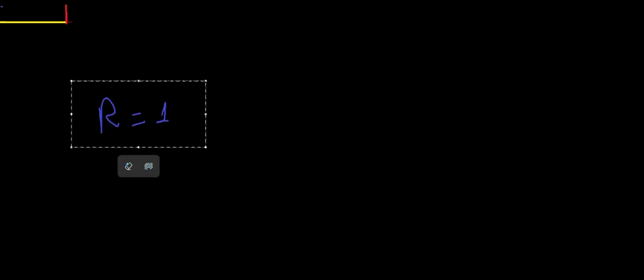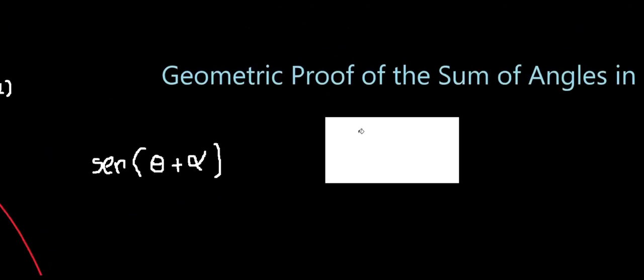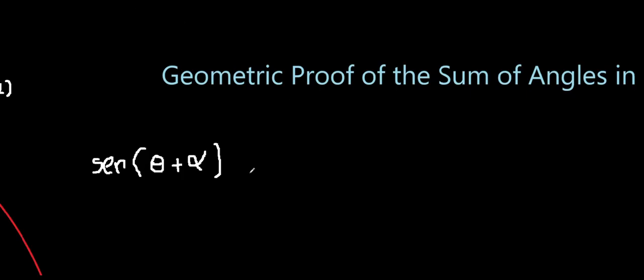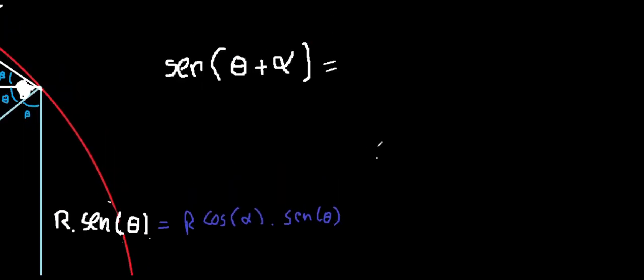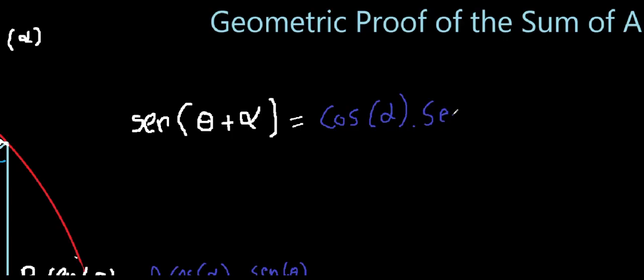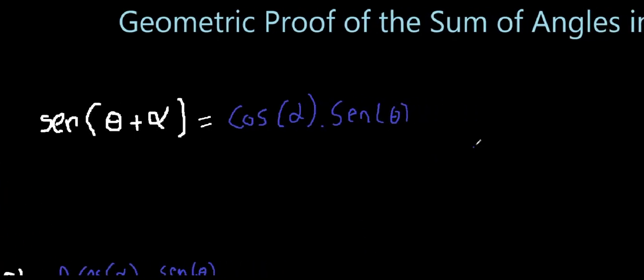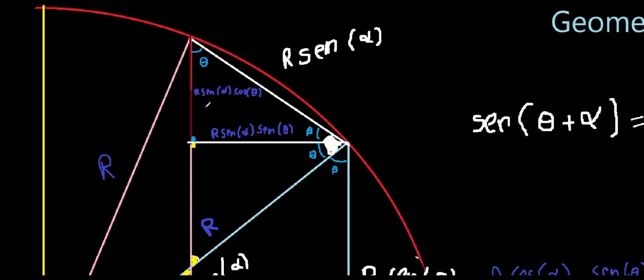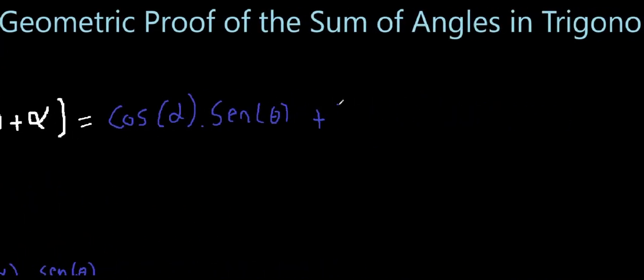We paint it black: sine of theta plus alpha is equal to cosine of alpha multiplied by sine theta, plus sine alpha cosine of theta.